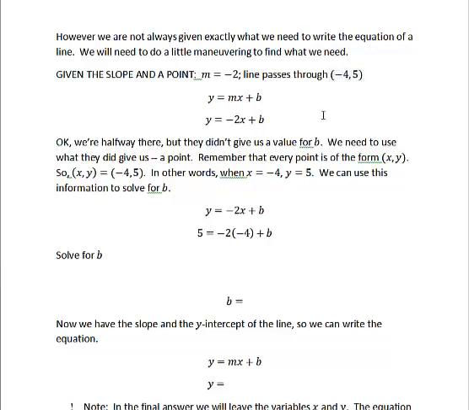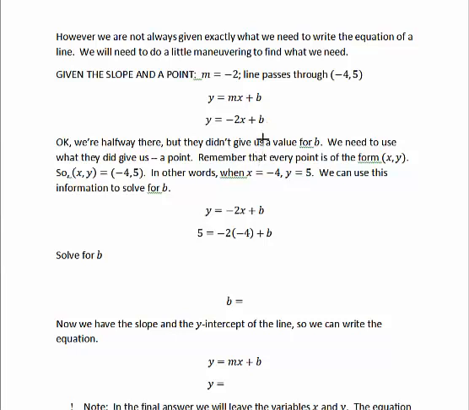So what do we do? Well, we still write down our slope-intercept form, and we plug in what we do know, which is m is -2. And so with this particular form of the equation, we have y, x, and b for our variables. Well, if we knew what b was, we could just simply plug in the number and we'd be finished.